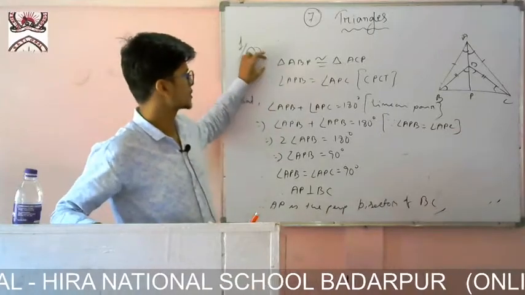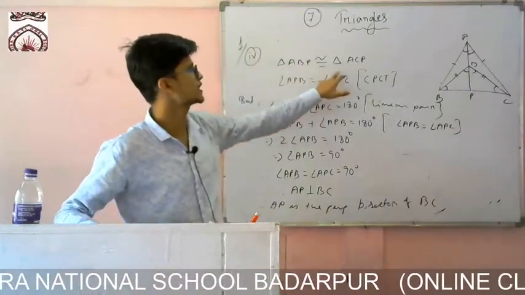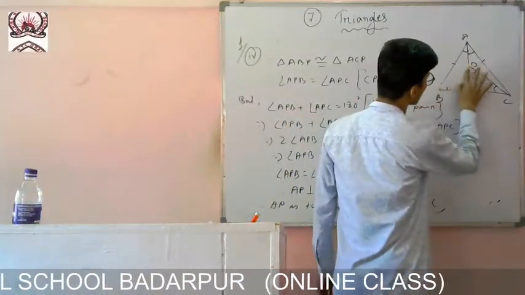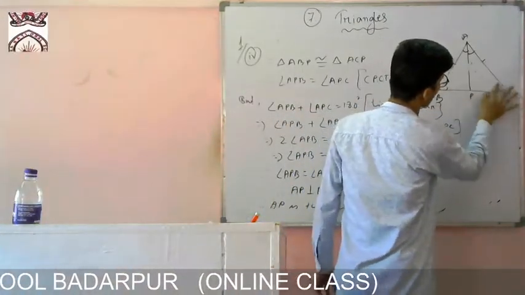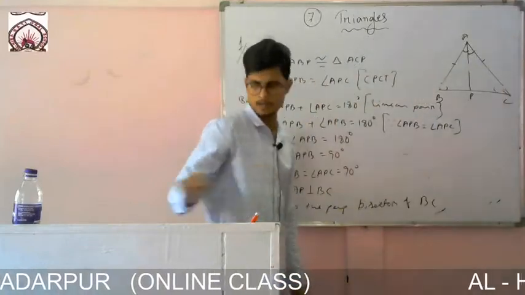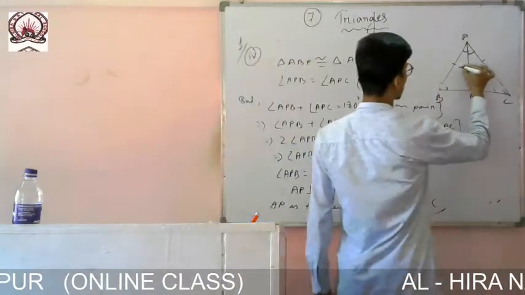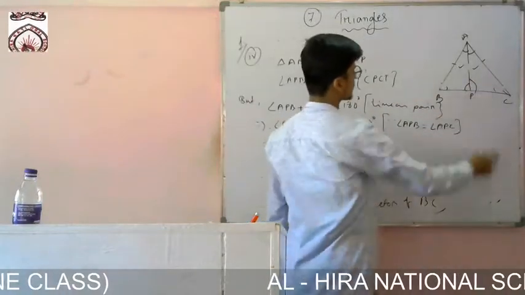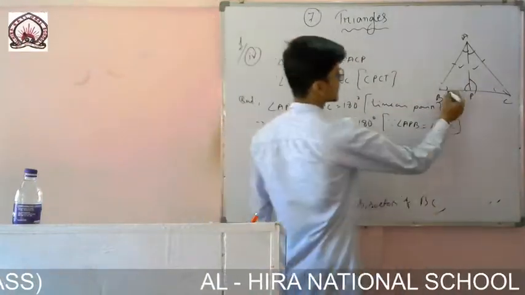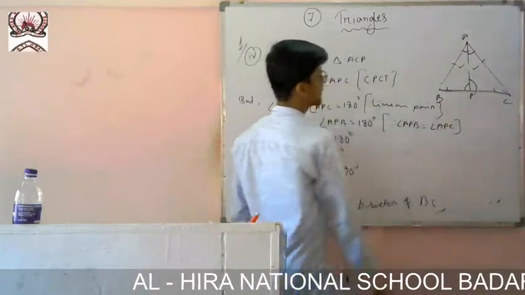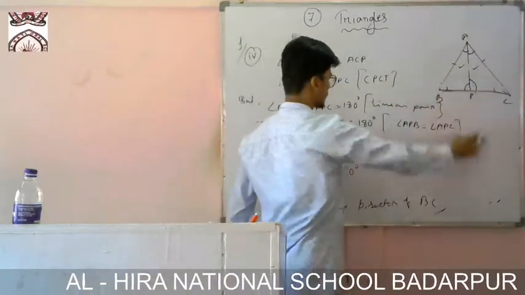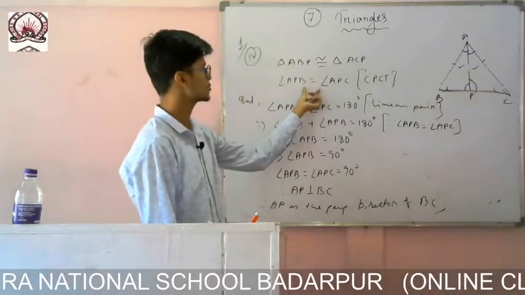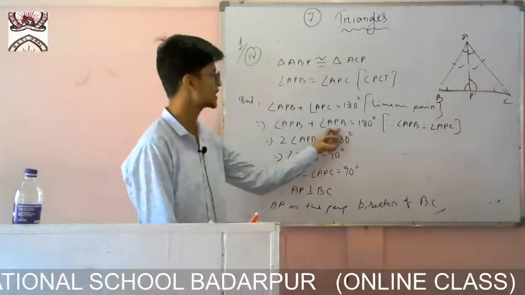What I have shown, first of all, is that these two triangles are equal. Let me erase this part, it will make you confused. If these two triangles are equal, that means this angle is equal to that one. I can see that this is a straight line and these two are a linear pair, so the sum of these two is 180, and earlier I showed that these two angles are equal, so I can replace any one.